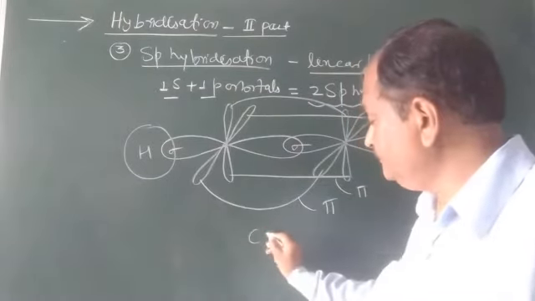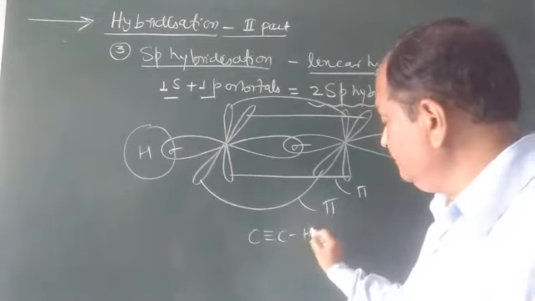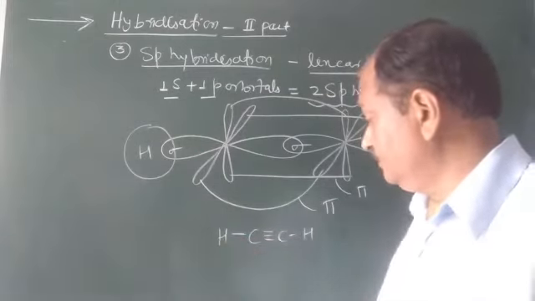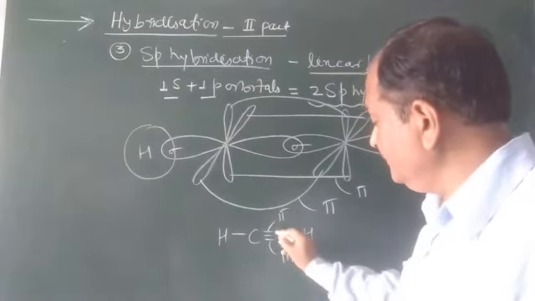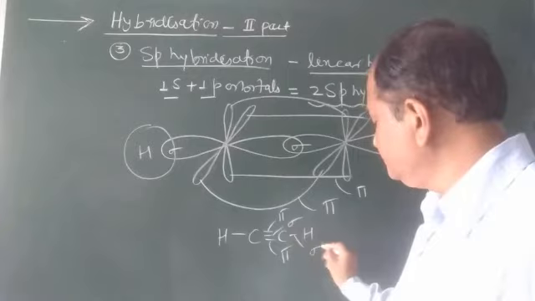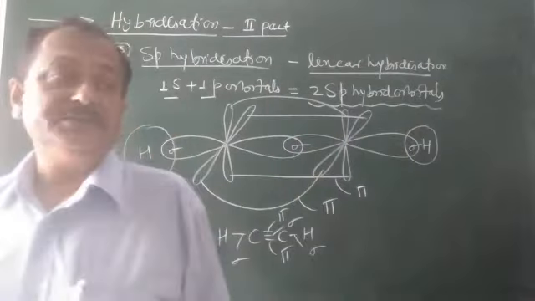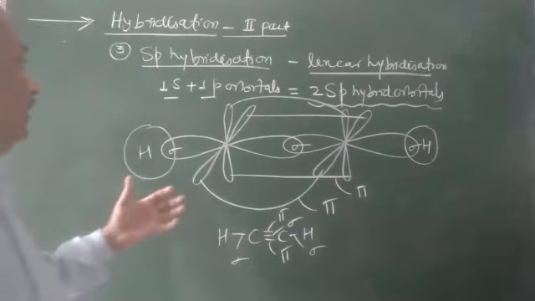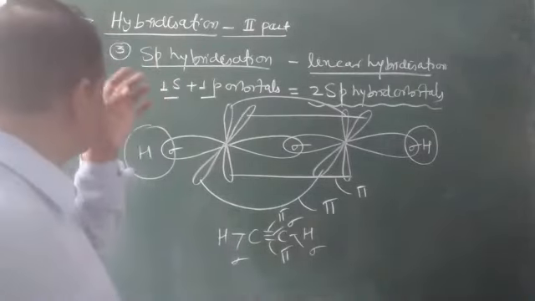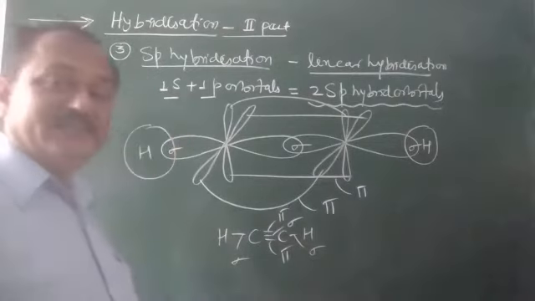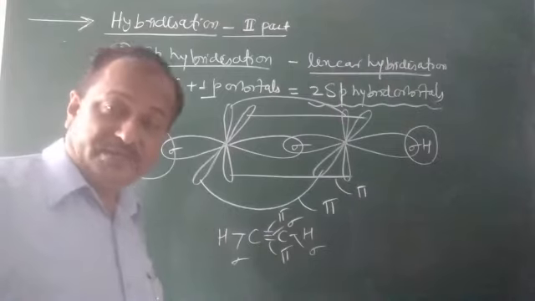So carbon triple bond carbon: this is pi, this is pi, the center one is sigma, and these are sigma. This is how sp hybridization is formed in acetylene, and this is about sp or linear hybridization.